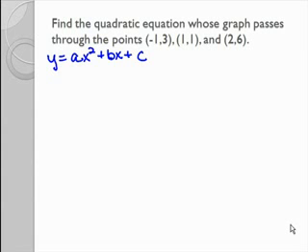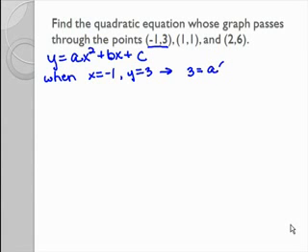So we take the points that we have, and let's take this first one here. So when x is equal to -1 and y is equal to 3, we can plug those values into the equation, and we come up with the equation 3 is equal to a. We're taking out the x and replacing it with -1.